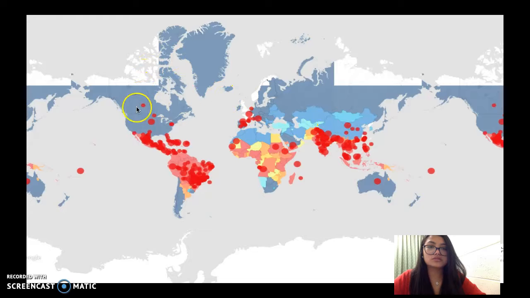Here, this one's a much more current view of the dengue virus's spread. This was taken 3 months ago. As you can see, it's much more concentrated at the equator, since those are the tropical and subtropical areas where the Aedes mosquito usually thrives.